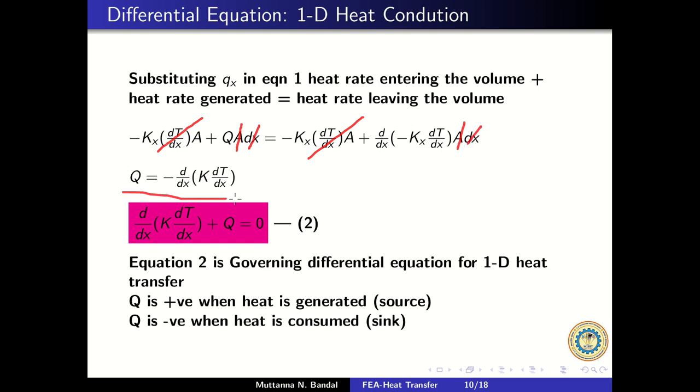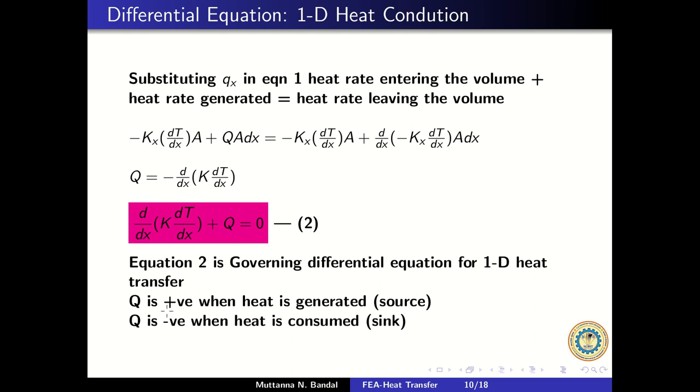The remaining quantity will be q in is equal to minus d by dx into k into dT by dx. And if I take this term on the left hand side, it will be d by dx of k into dT by dx plus q is equal to 0. And this equation 2 is called the governing differential equation for 1D heat transfer.